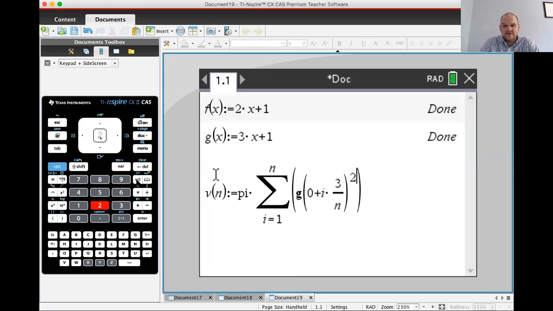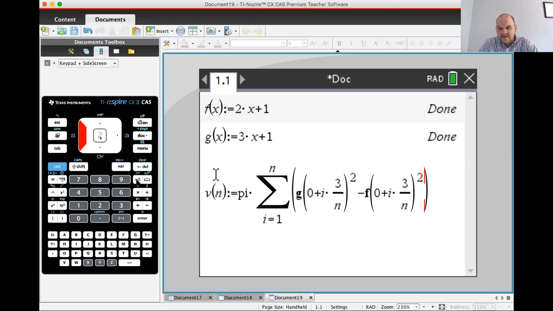And then I have to square that. So it's big radius squared minus little radius squared. Say that in your head a lot because that's going to come up over and over. And then it's going to be the little radius, which is f of x sub i, so plus i times 3 over n. You could do 3i over n, doesn't make a difference, squared.